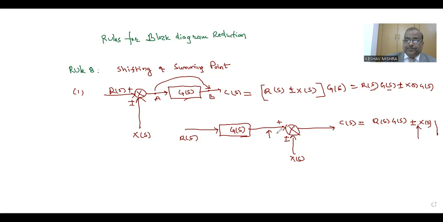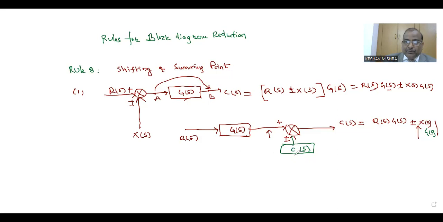So in order to make this G(s) available in the second term, it is required that a block should be introduced here, a block with transfer function G(s), then the output is R(s)G(s) plus minus X(s)G(s). So these are the changes if we shift the summing point from one position to another position.